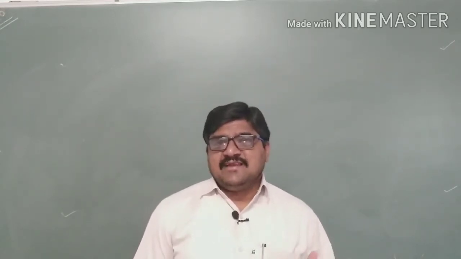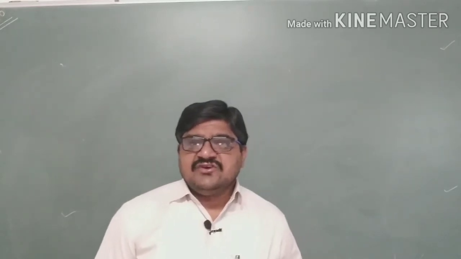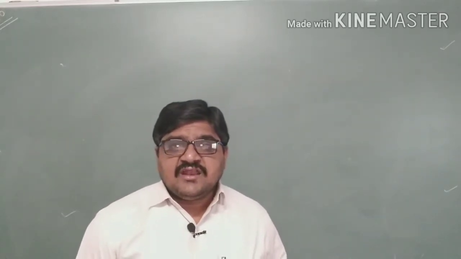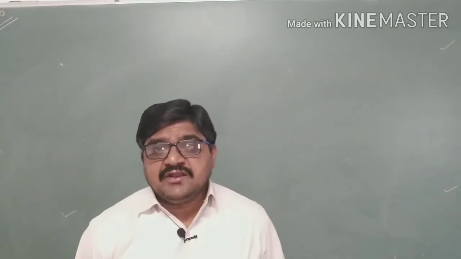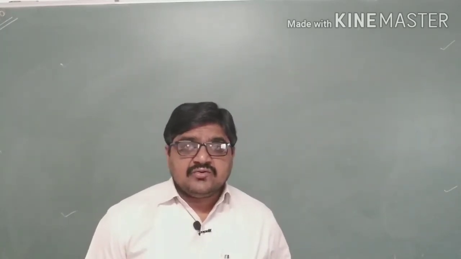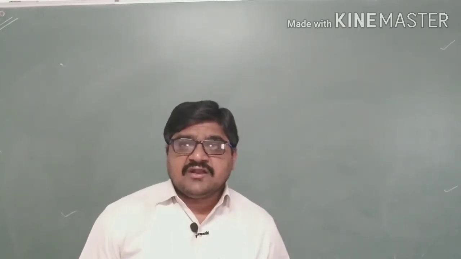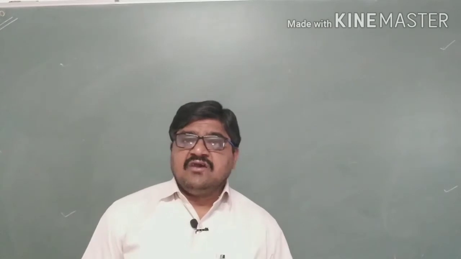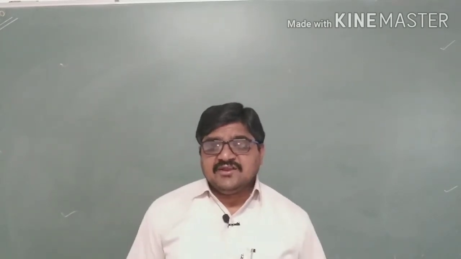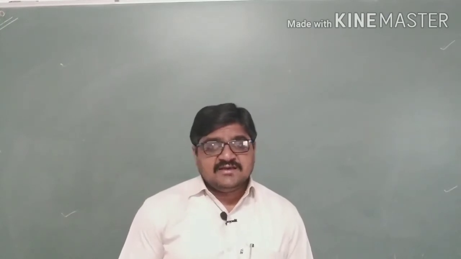Insipidus means tasteless. This condition occurs because water is not reabsorbed into the tubules, so water is eliminated outside in the form of urine. These are what we discussed in the last class.